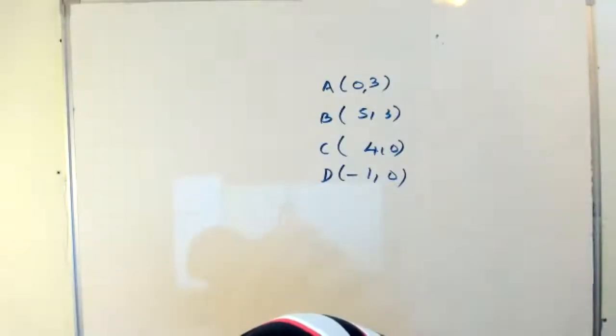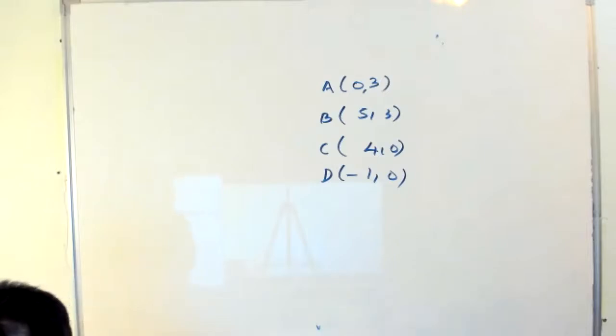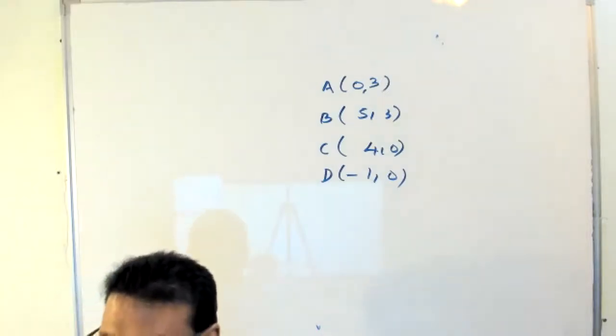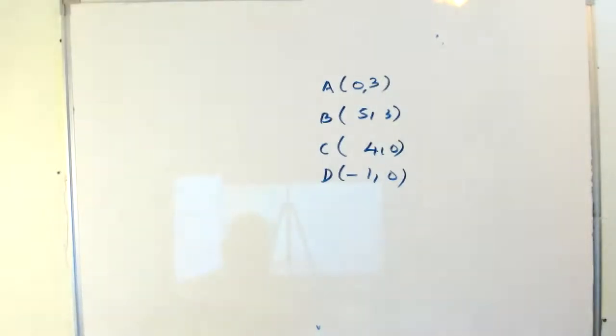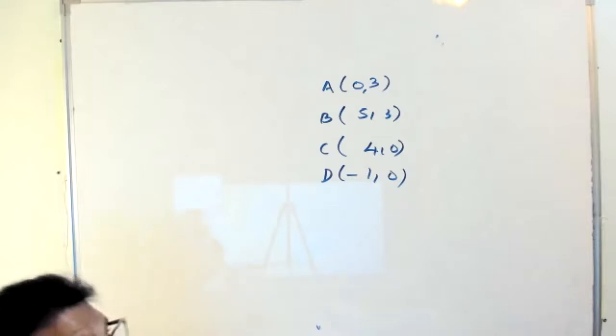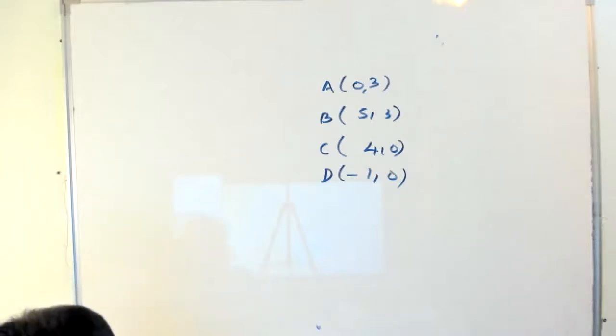Okay. Vishal, where are you? You got the question? See the points A (0, 3), B (5, 3), C (4, 0), and D (-1, 0) on the graph paper.